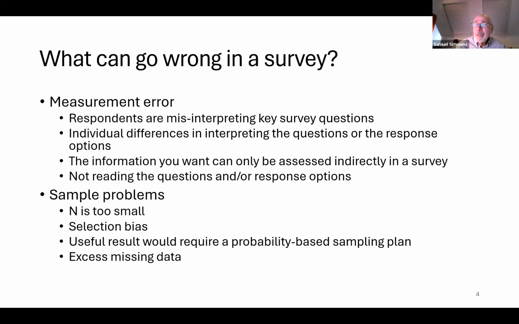Sometimes what you're trying to measure is something that can't be measured directly. There is no gold standard for it. I'll talk about this on later slides. Another very different kind of problem is not reading the questions or response options.